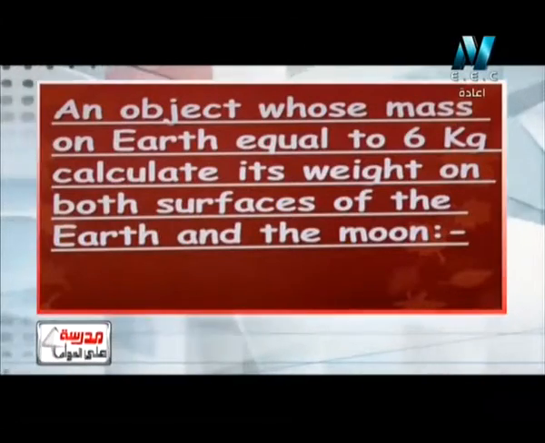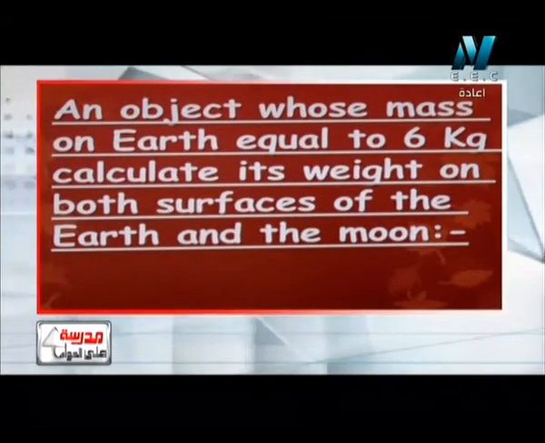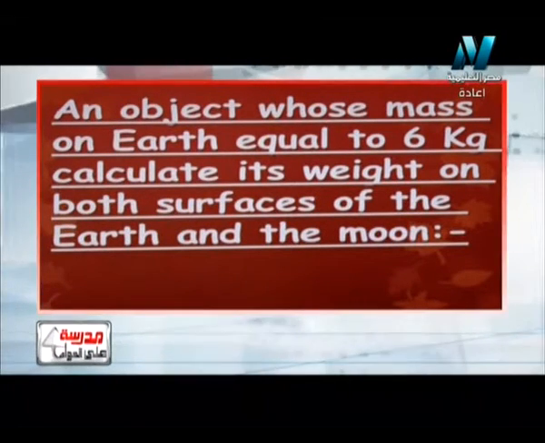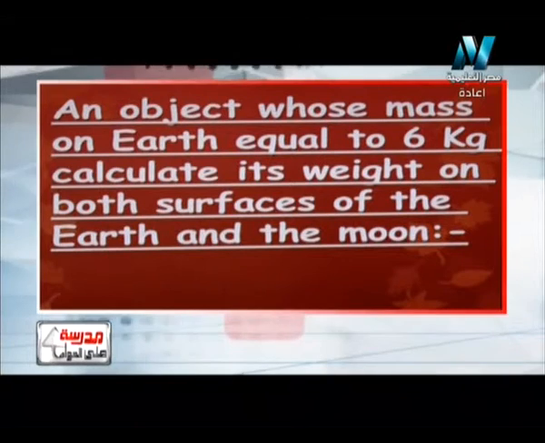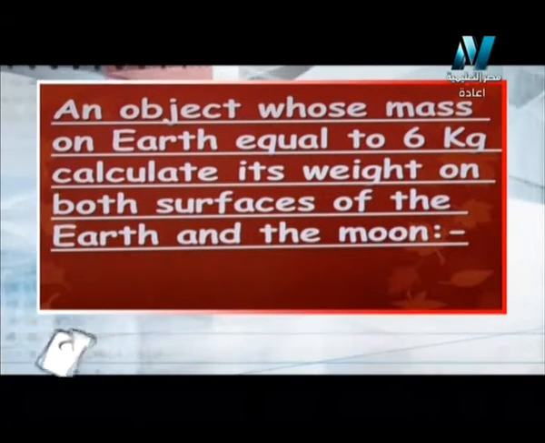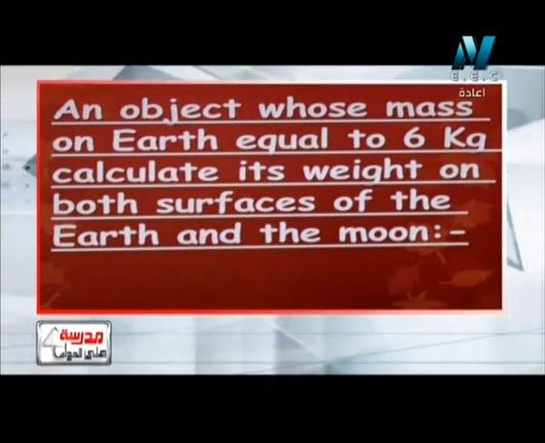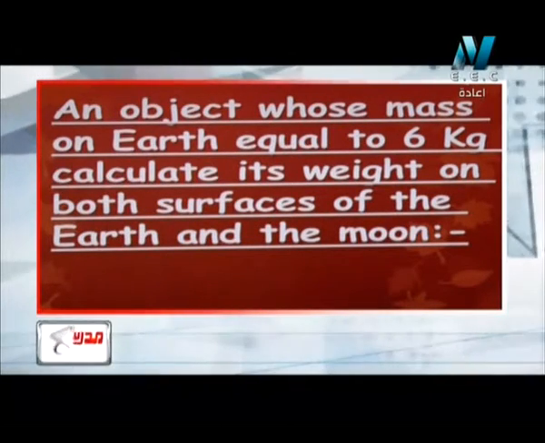The problem says that an object whose mass equals 6 kilogram, calculate its weight on the surface of the Moon and on the surface of the Earth. We can answer this by writing the steps of the problem. Let's write together: mass equals 6 kilogram.